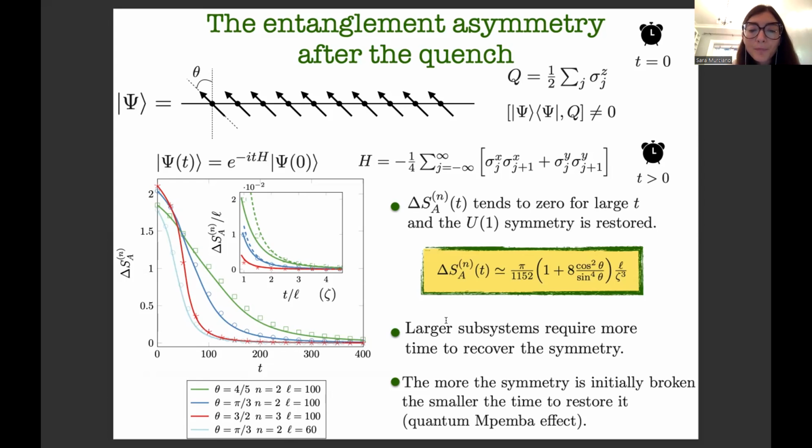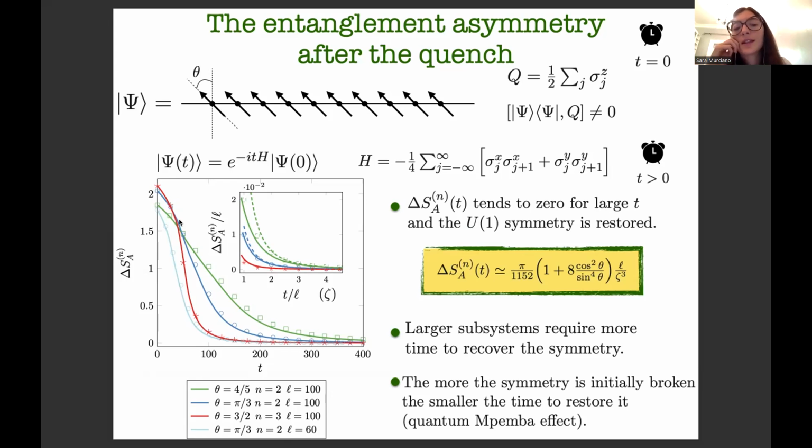And about the general picture, you are right. Since we have just introduced this quantity, this is the first and only example that we have studied in detail until now, and we could borrow some methods like the standard quasi-particle picture to study this. But in general, we don't yet have a full picture of, for example, how to compute this quantity in a field theory setup, or in a more general scenario.